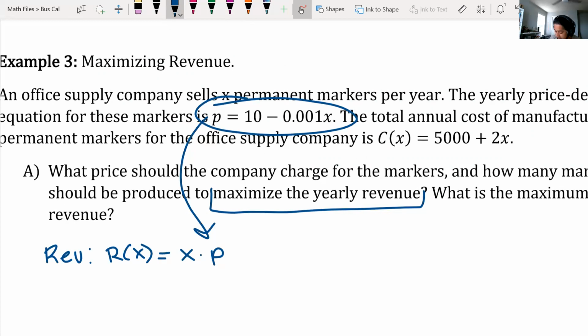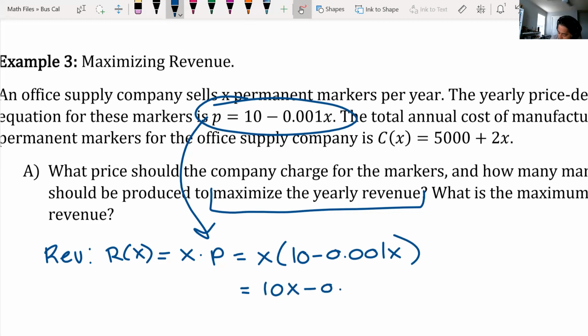We plug this in for p, which means we get x times 10 minus 0.001x. Now distribute the x, and we get 10x minus 0.001x squared. Here is our revenue function.